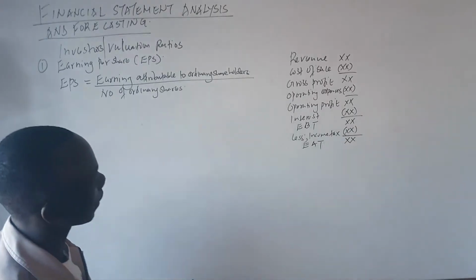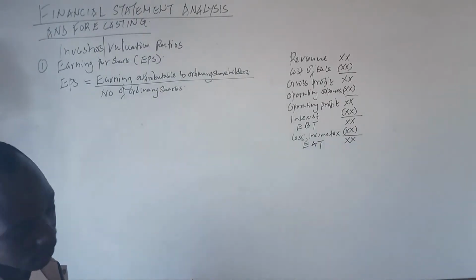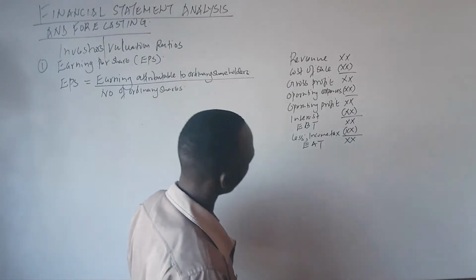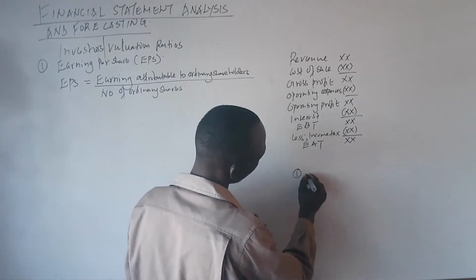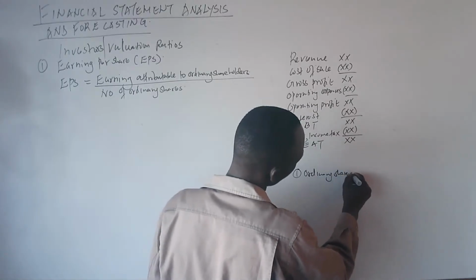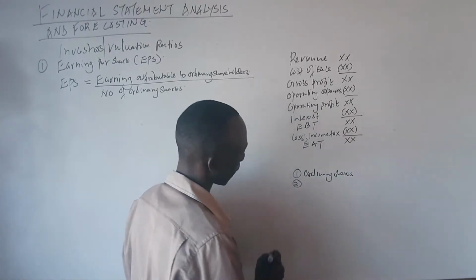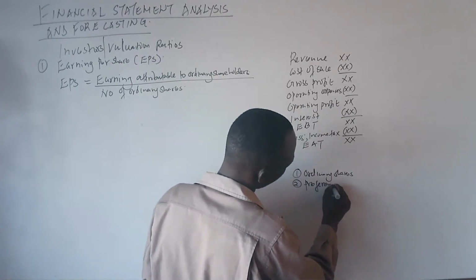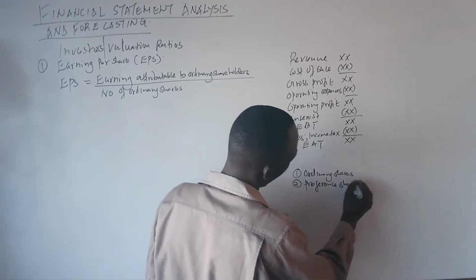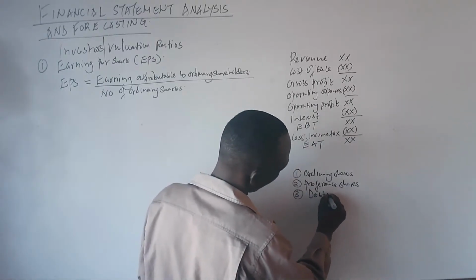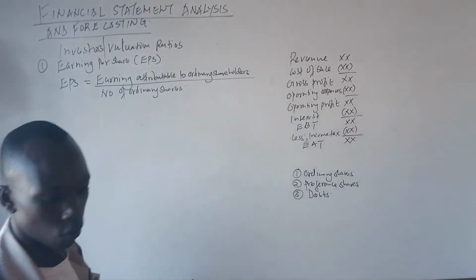In some circumstances, you can find that the company is financed by three categories of finances. Number one, ordinary shares. Number two, preference shares. And also debt, or debentures or loans.